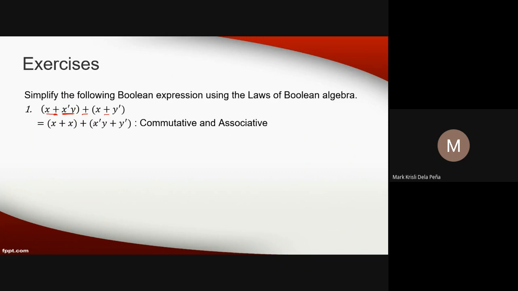Then we use the two laws, commutative and associative. Then we can also use a law for this one. What do you think are the laws used for x or x and the law for x prime y or y prime?